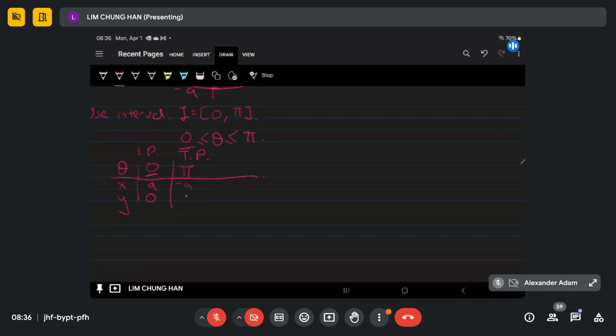Can you get the y for me? Calculate the y for me. Zero. Yeah, 0. Okay, good. So what you know now is the initial point is (a, 0). The terminal point is (negative a, 0).